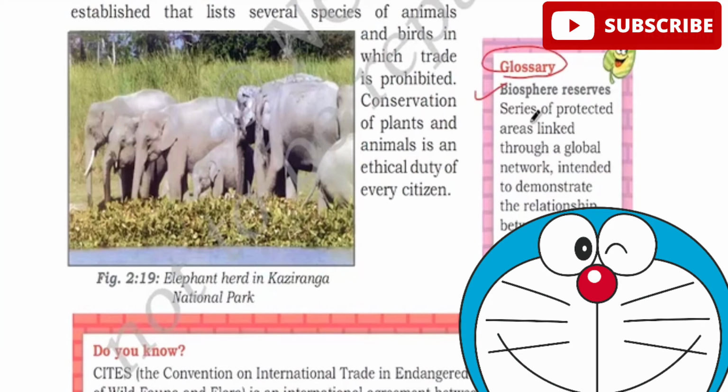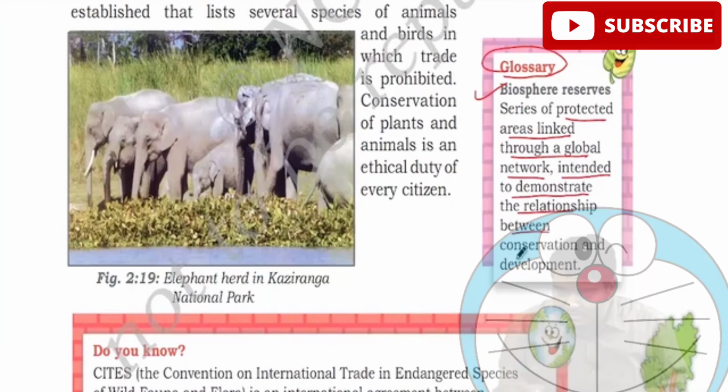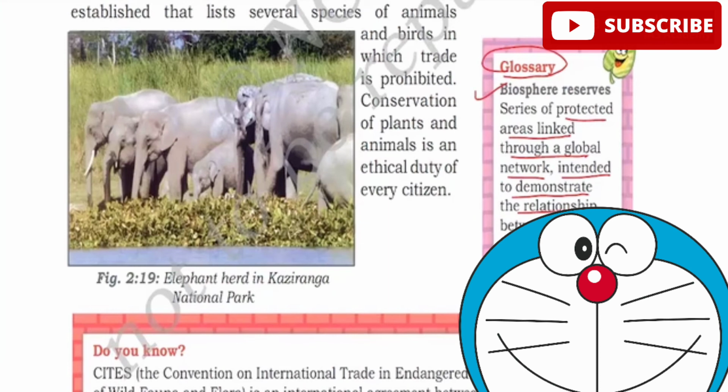What exactly is it? A series of protected areas linked through a global network intended to demonstrate the relationship between conservation and development. In biosphere reserves, we protect the organisms and the forest in such a way that development activities will be avoided in this region and sustainable development will be seen.